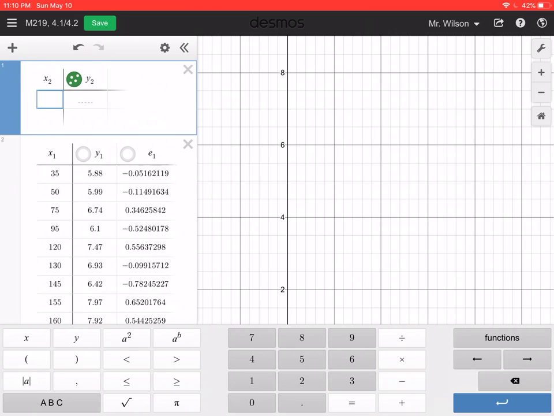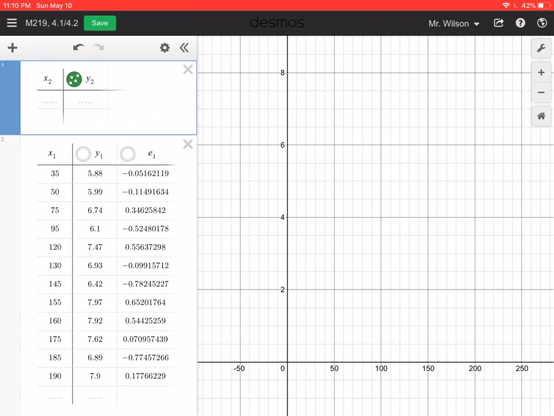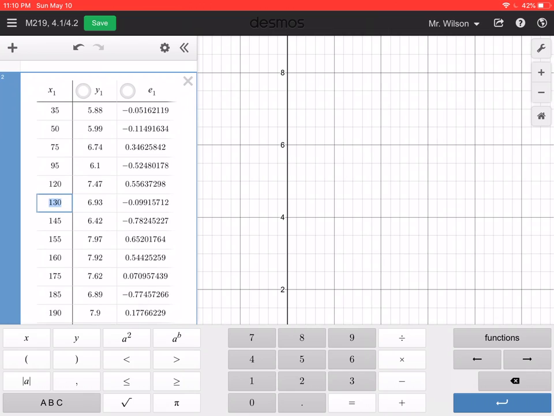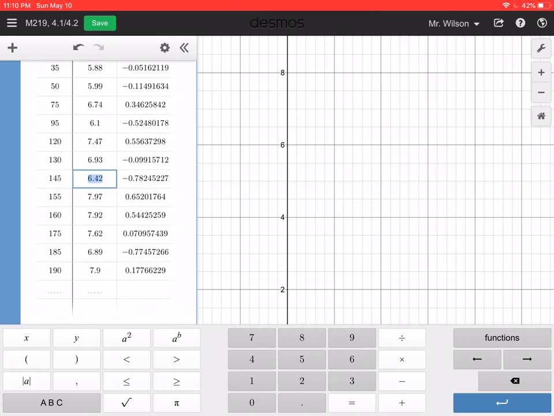So what you can see on my table, down here in number 2, you see I have my x1, my y1. If you go and refer back to that previous data set, this is the data set. Okay, so 35, 5.88, 50, 5.99, etc., etc. That is the data from that example.